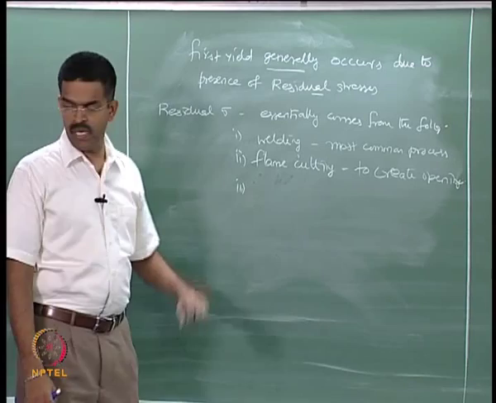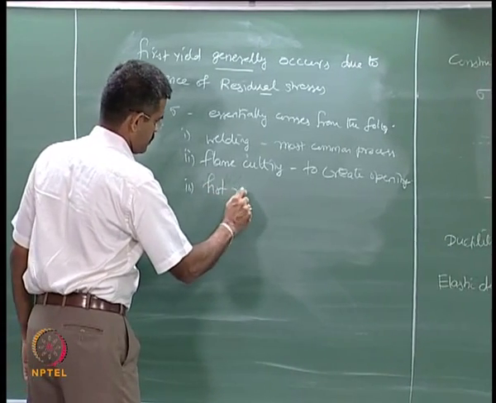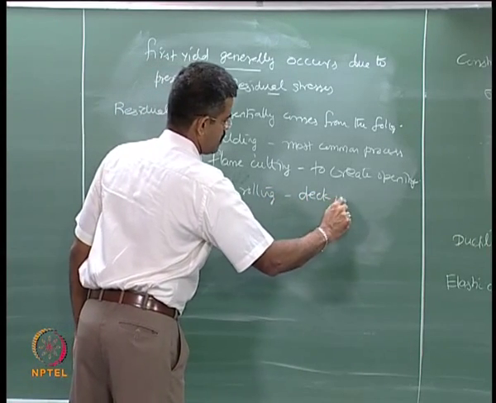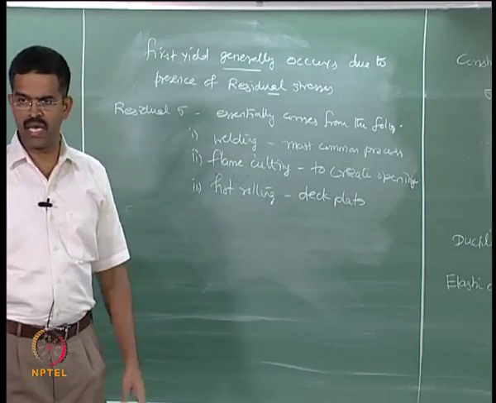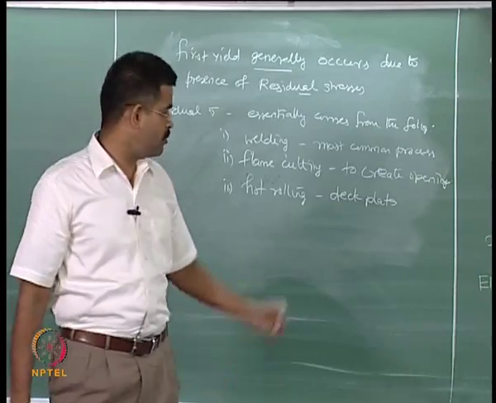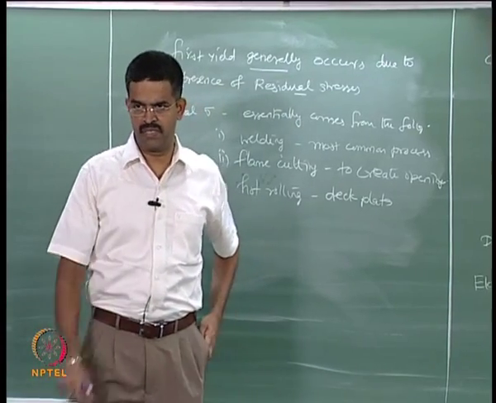The third could be hot rolling, generally done for the deck plates. Deck plates are very large in L and B and phenomenally thick as well. We are talking about plates of 30, 50, 75 mm thick, very thick plates.